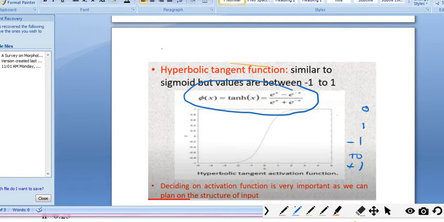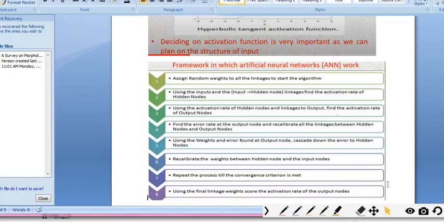Okay, so it is your job to decide which activation function you have to use to get the correct output. You should know which activation function to apply in your neural network, so that we get the correct output for our problem. How this ANN network works, you already know. I have explained it in the theory class.